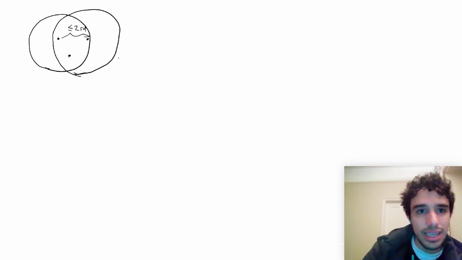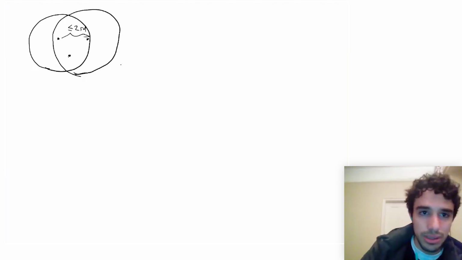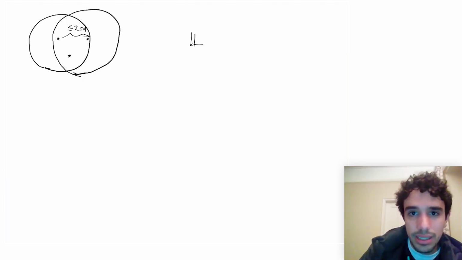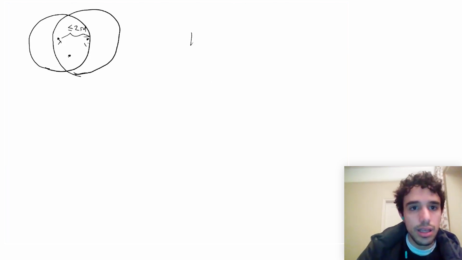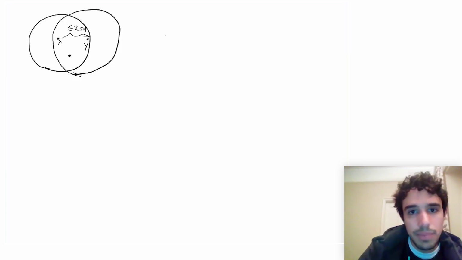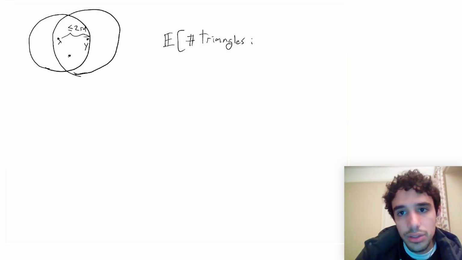And the point is that we need this volume to be small. So I'll call this point x, this point y, and we'll care about the expected number of triangles including x and y.